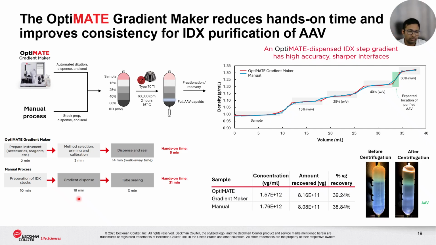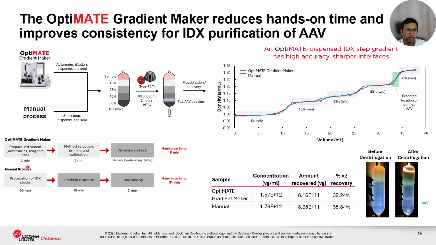You could probably do this faster, but then there is a risk. And what we want to represent is an average ham trying to do this. So for two 39 mil tubes, it takes about 18 minutes in our hands, and then you seal the tube. So you're looking at a total hands-on time of 31 minutes for 2 tubes.